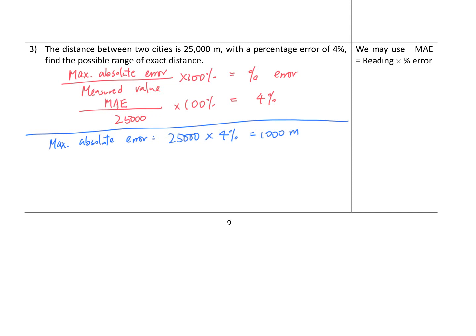And then the possible range. So the exact value is here. Okay, and then 25000 minus 1000, 25000 plus 1000. Okay, so it would be 24000 meters.